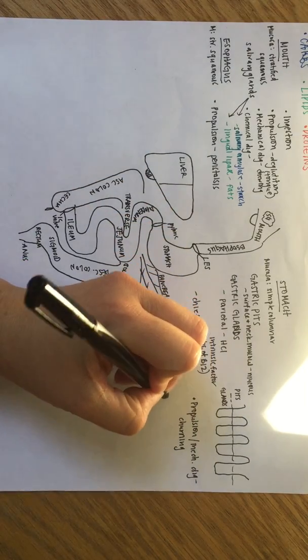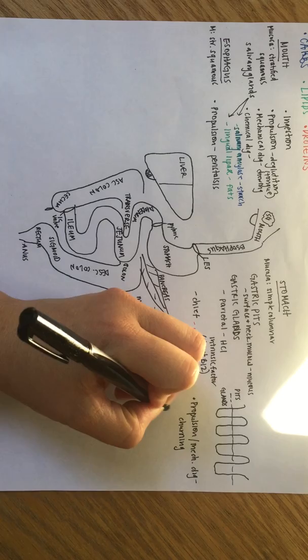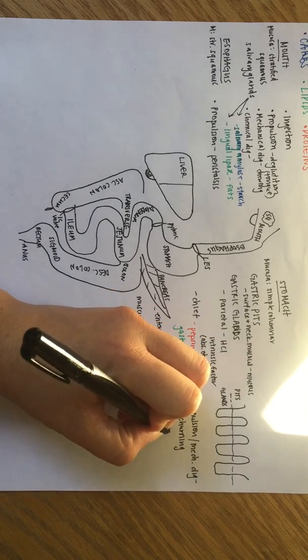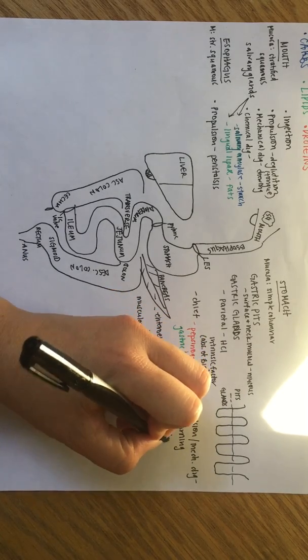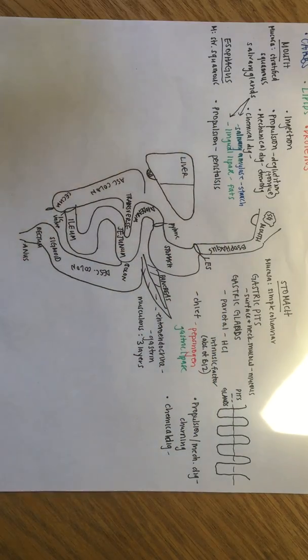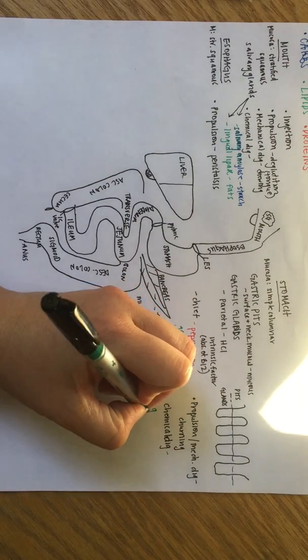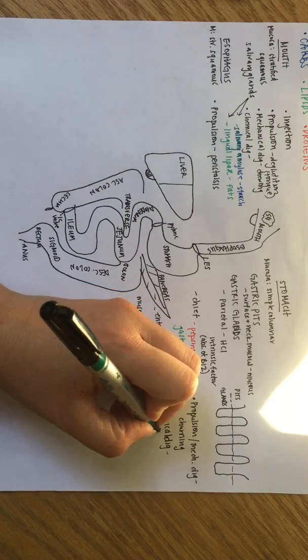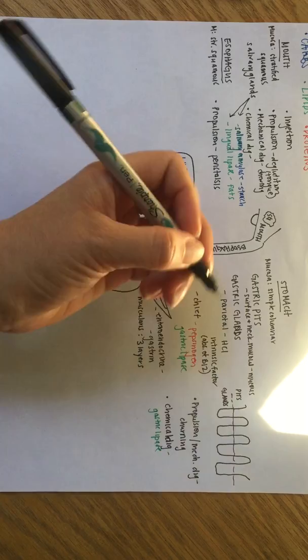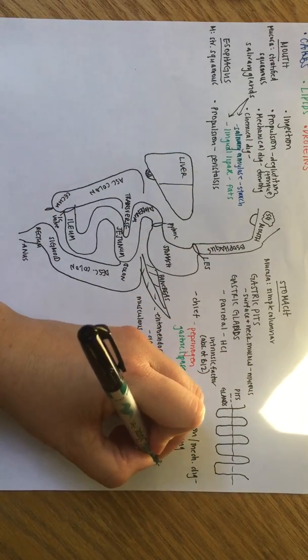At the same time, we are allowing for some chemical digestion or enzymatic chemical digestion. And so we already talked about these. The first one, remember, was a gastric lipase. And gastric lipase will digest fats.